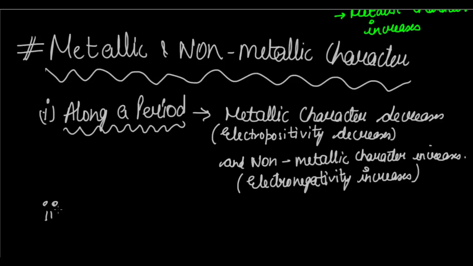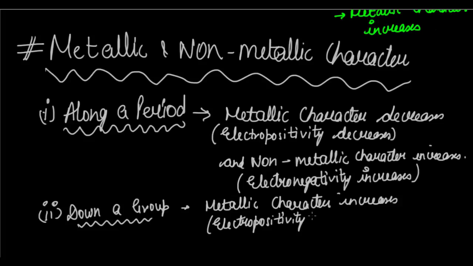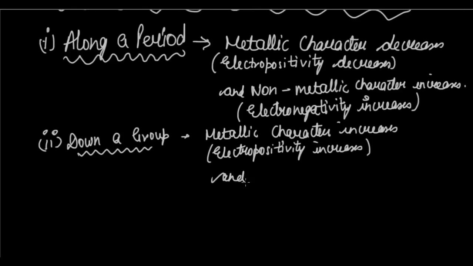Next comes the group. Down a group, your metallic character will increase, as we have discussed above. Metallic character increases, and here you can say electropositivity increases, and your non-metallic character decreases.